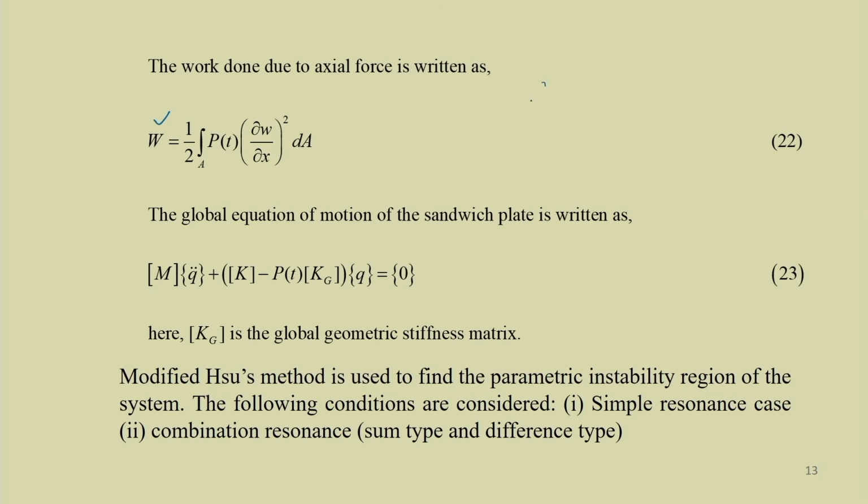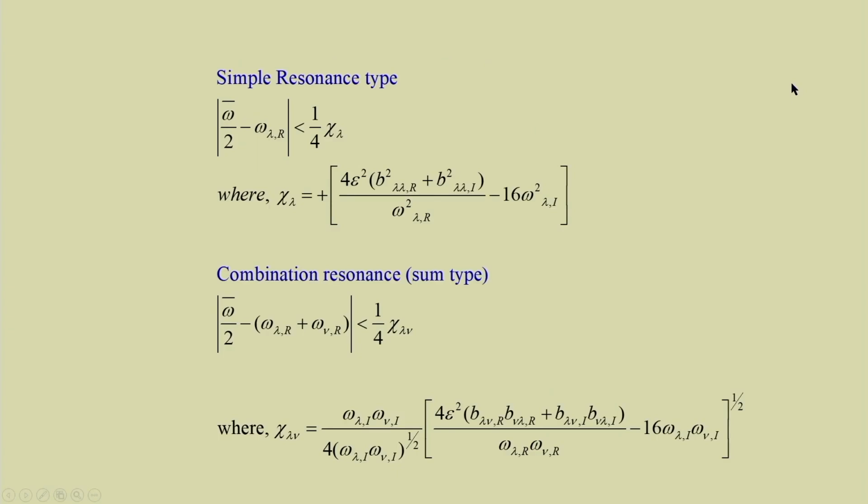Hamilton principle, if you recall, is integration T1 to T2 of del L plus del W N C dt equal to 0. By using this Hamilton principle, one can derive the governing equation of motion.